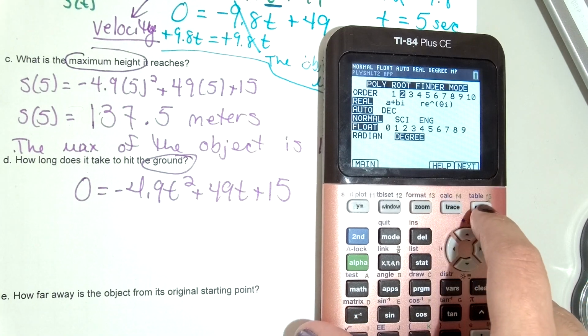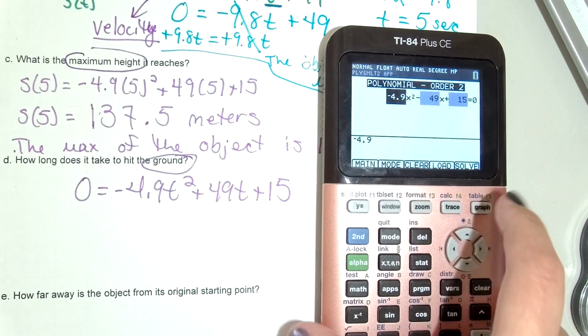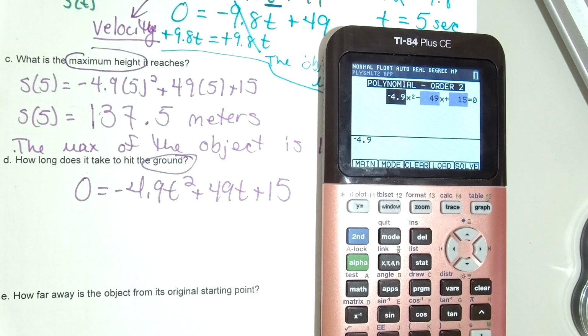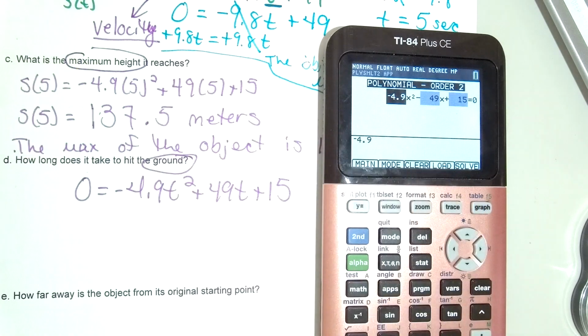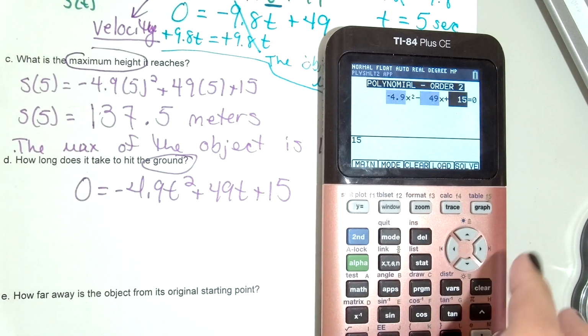So you're going to have to hit the one underneath it. Now, obviously, I have my numbers in here already, but you should be putting your numbers in. If you have the other calculator, the bigger calculator, it's going to be a list. So after you enter those numbers, what do you push? Graph.